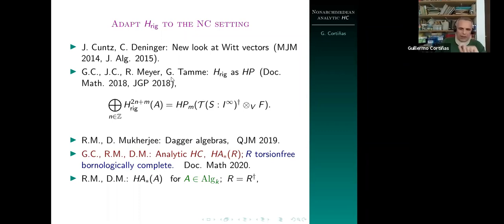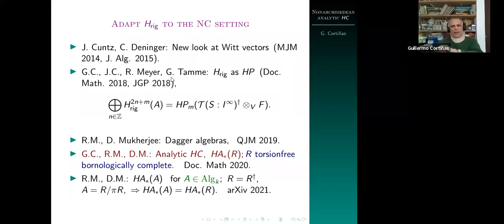And one very nice property that it has is that if you have a torsion-free dagger algebra R, a bornologically complete algebra, which reduces mod pi to your algebra A, then the analytic cyclic homology of A is simply the analytic cyclic homology of this R in the sense of the previous paper. Okay. So as I said, this is on the arXiv. It has been uploaded one or two months ago, I think.